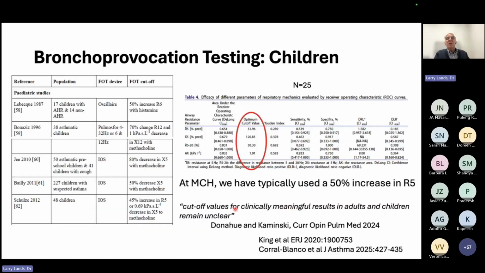Now, bronchoprovocation testing is a whole other story. This is from a recent review by David Kaminsky. There are some pediatric data, but I will strongly endorse their summary statement that cutoff values for clinically meaningful results have not been fully established.